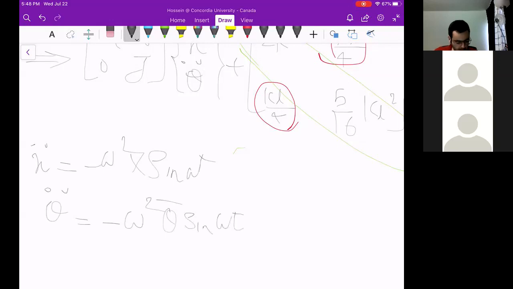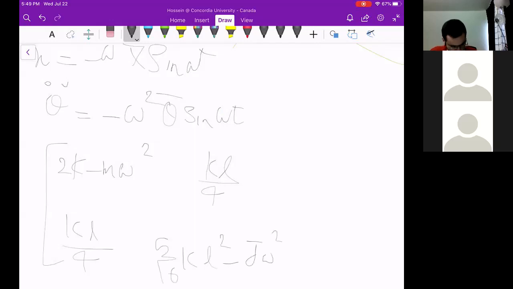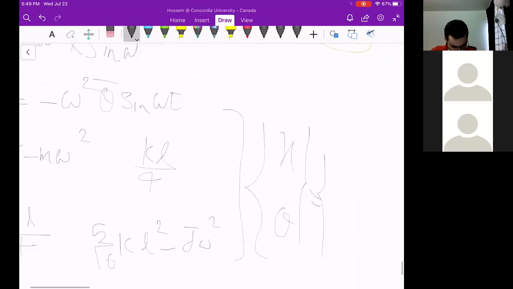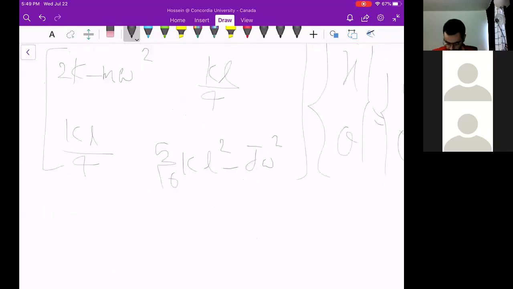And then you will reach this point: 2k minus m omega squared, kL over 4, kL over 4, and 5 over 16 k L squared minus J omega squared, multiplied by X, theta, is going to be 0. So therefore, the determinant of this matrix should be 0 in order to satisfy this equation.